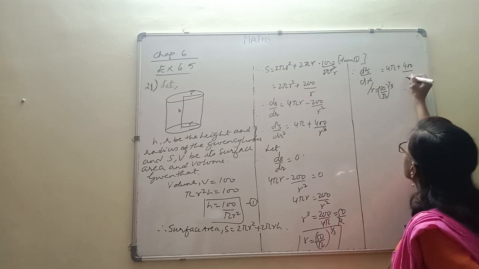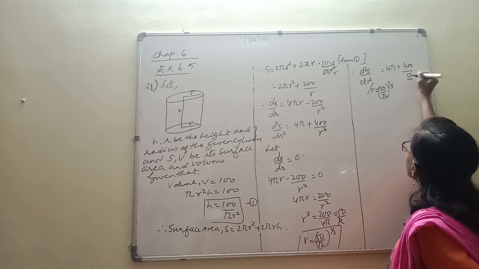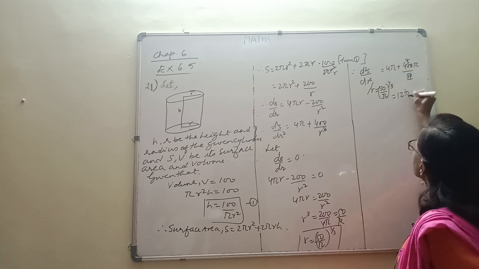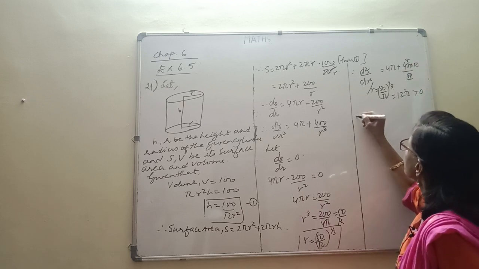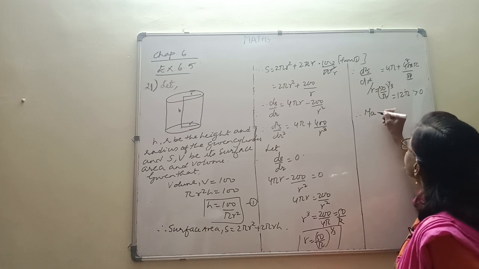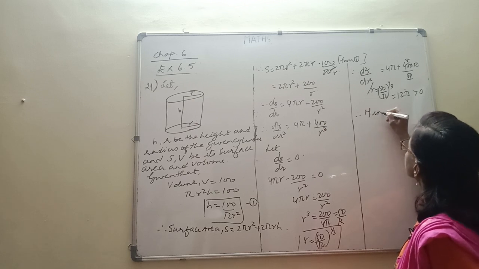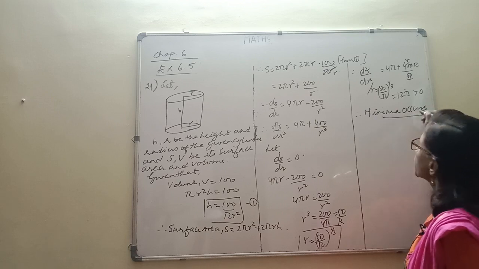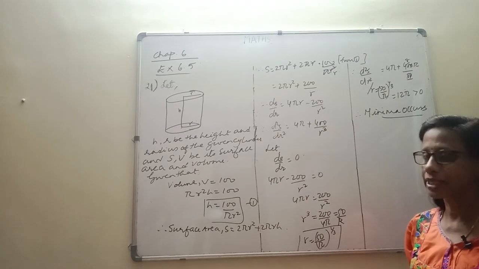That is 400 over 50 over pi, so 8 pi. So it's coming like 12 pi, which is positive. So therefore, there is a minimum happening at that point r.